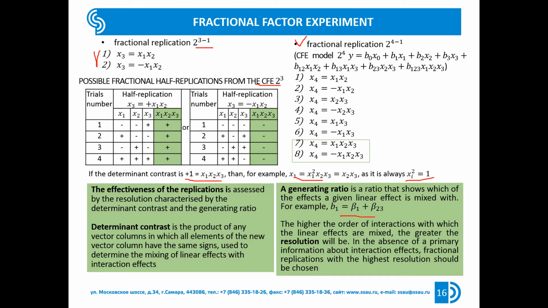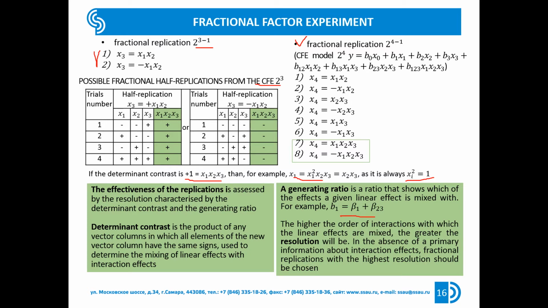The generating ratio allows us to estimate the resolution of a fractional replication. The higher the order of interactions with which the linear effects are mixed, the higher the resolution of the latter will be. This is explained by the fact that interactions of higher orders, triples in our case, are more often equal or close to zero than interactions of lower orders.